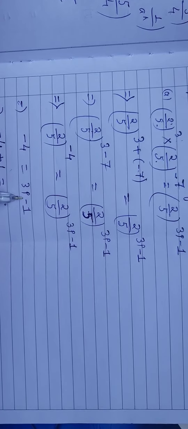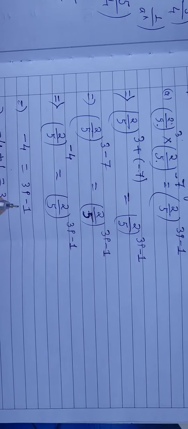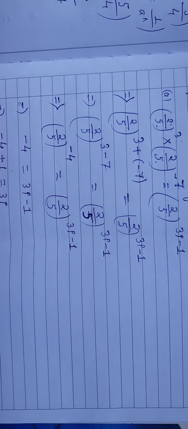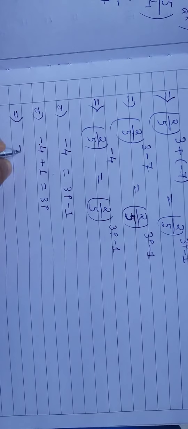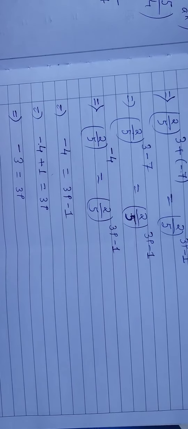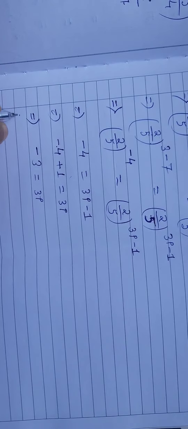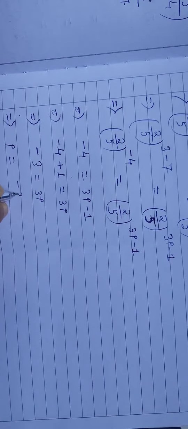We know when you transfer to the other side, minus becomes plus and plus becomes minus. So minus 4 plus 1, which is minus 3, equal to 3p, which implies p equal to minus 3 by 3, so p equals minus 1.